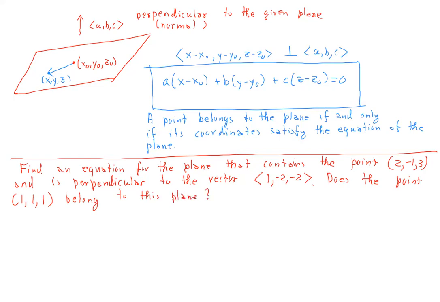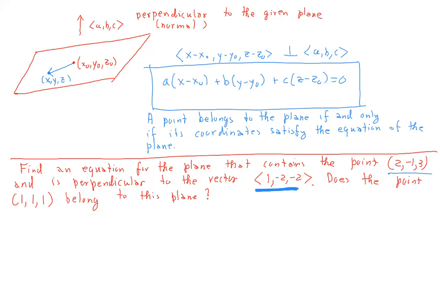Okay, so let's see how we're going to answer this. First of all, a direct application of the formula that we just gave is going to give us the desired equation for the plane. What does it look like? So our vector ABC is this one, our point x naught, y naught, z naught is this one.